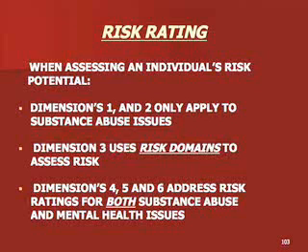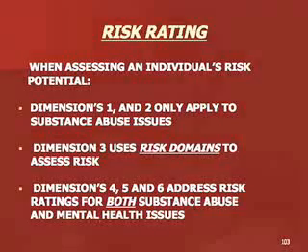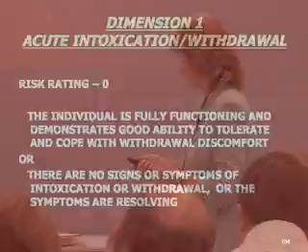I'm going to spice it up a little bit. Risk domains. When we look at dimension 4, 5, and 6, we want to address risk not only for substance abuse, but also for mental health. This is when we talk about co-occurring. We want to make sure that we're looking at the person as a whole.